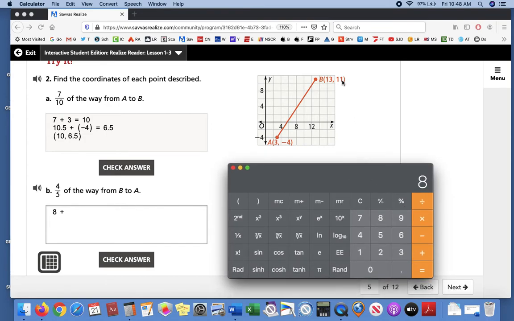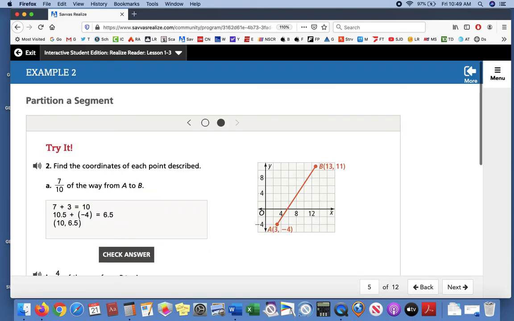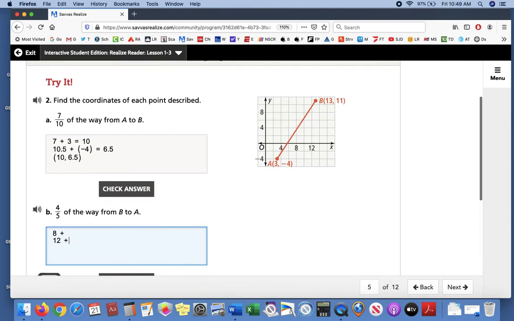If you recall, the y coordinate was a change of 15. 11 minus negative 4 is 15. I want to find 4/5 of that. So times 4 divided by 5 is 12. So I want to use 8 for the x coordinate, and 12 for the y coordinate.